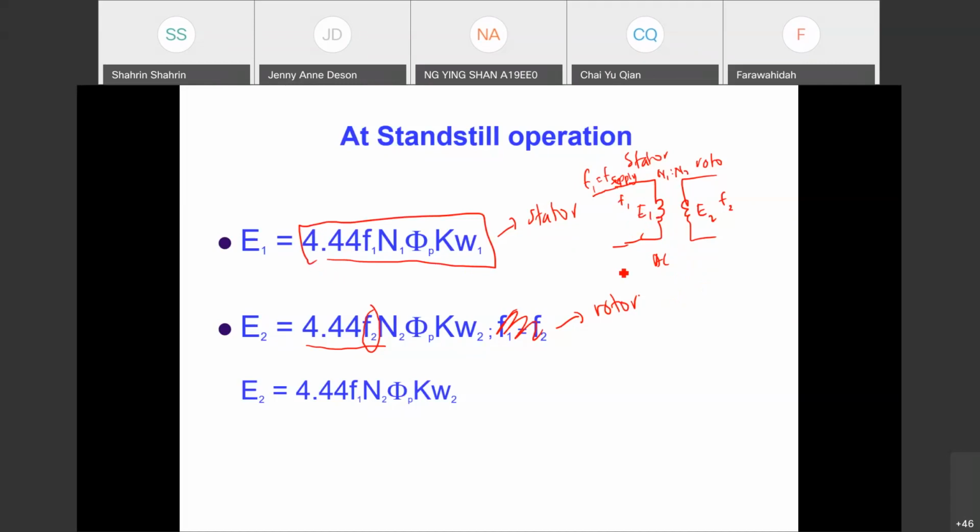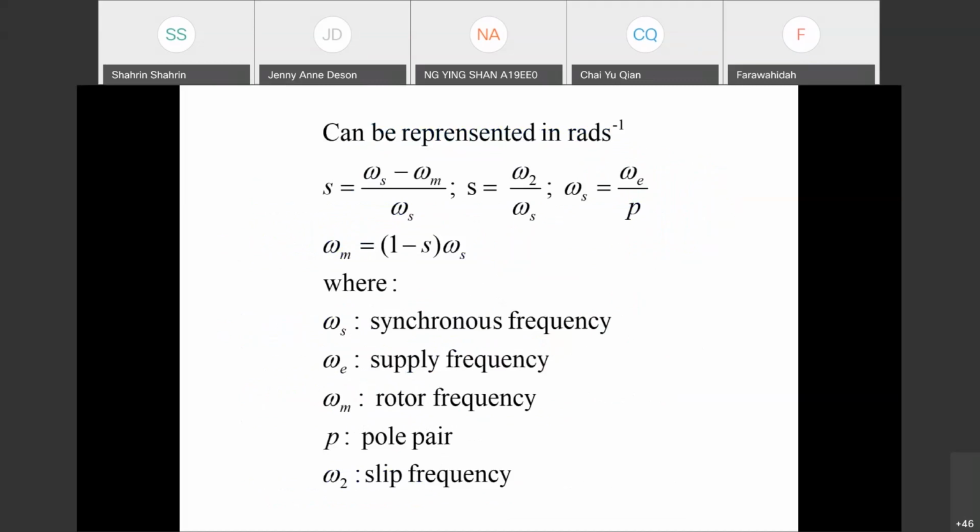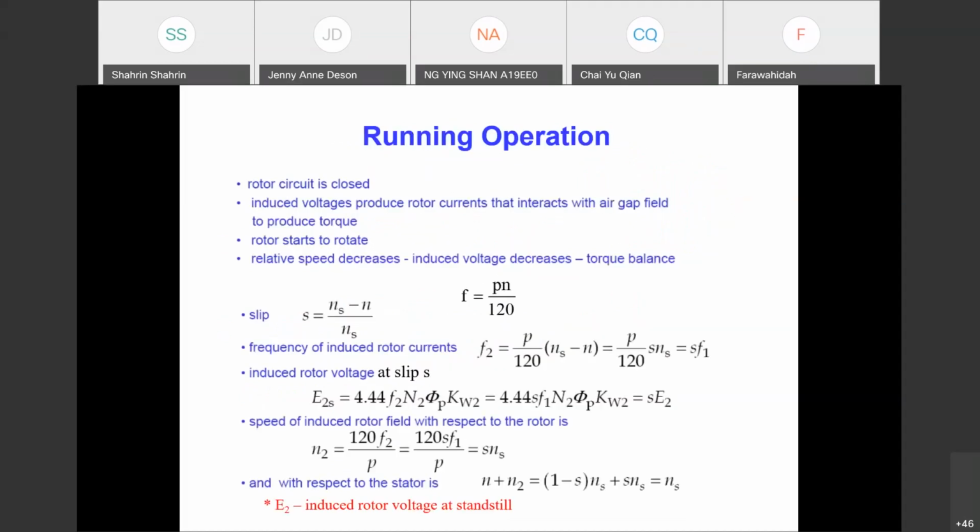While at the rotor side, the voltage induced depends on this, and this rotor circuit will operate as an AC circuit, but with a frequency of F2. This one is quite complicated. Just so you know about several very important parameters, which are these.